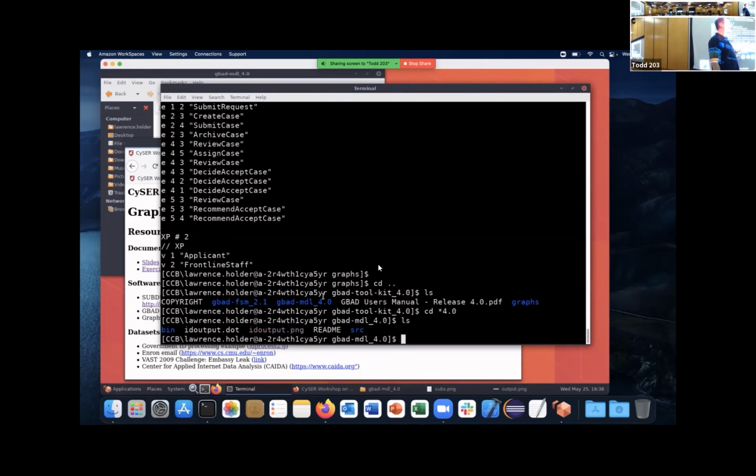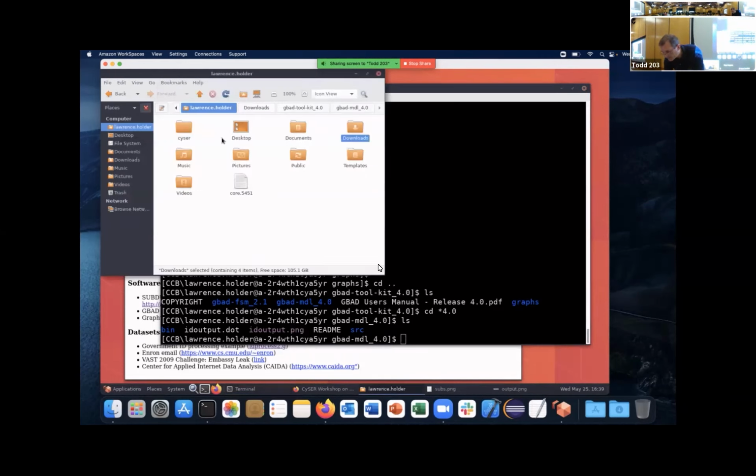Instead of dot, I used SFDP to generate the graph because this graph is so big that it was crashing the dot program. But SFDP is more efficient for large graphs. But yeah, all those instructions are in the notes.